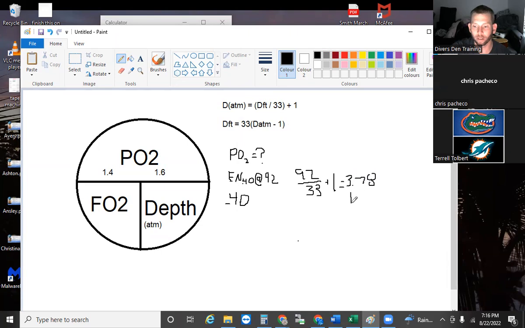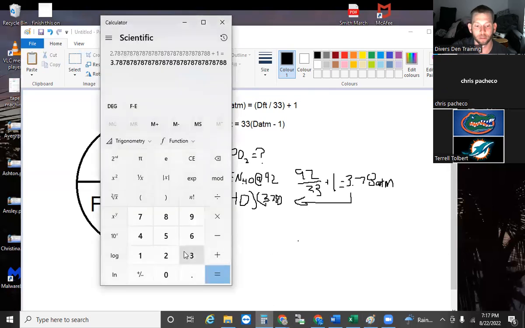I'm going to bring that down here. 0.4 times 3.78. This is the fraction of oxygen, and this is the number of atmospheres.